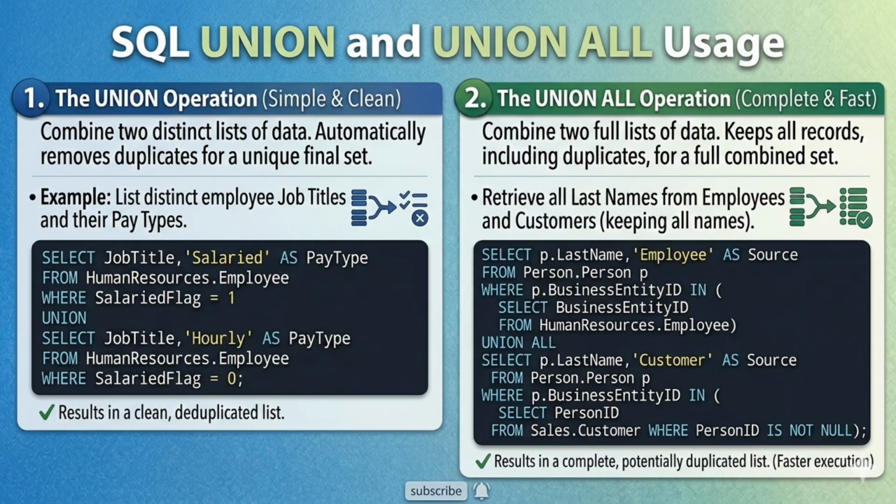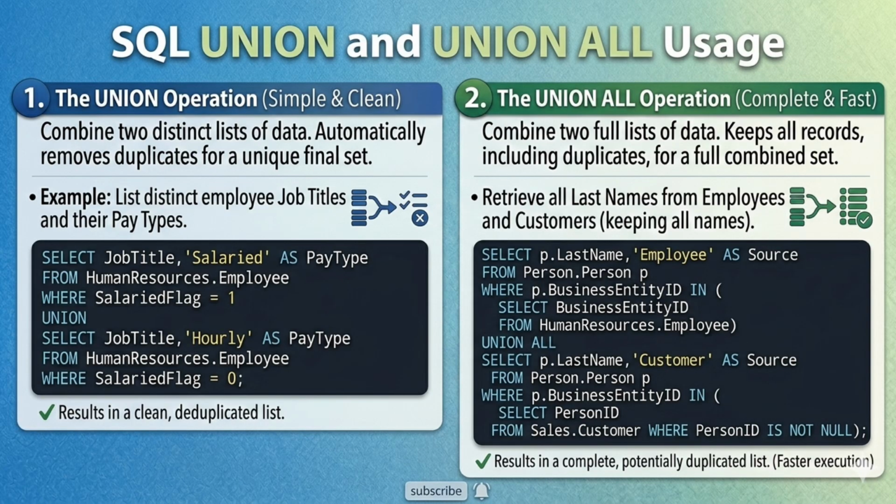In SQL, union and union all are used to combine results from multiple select queries, but they behave differently. First, let's look at union. The union operation combines two result sets and automatically removes duplicate rows. This means the final output contains only unique records.